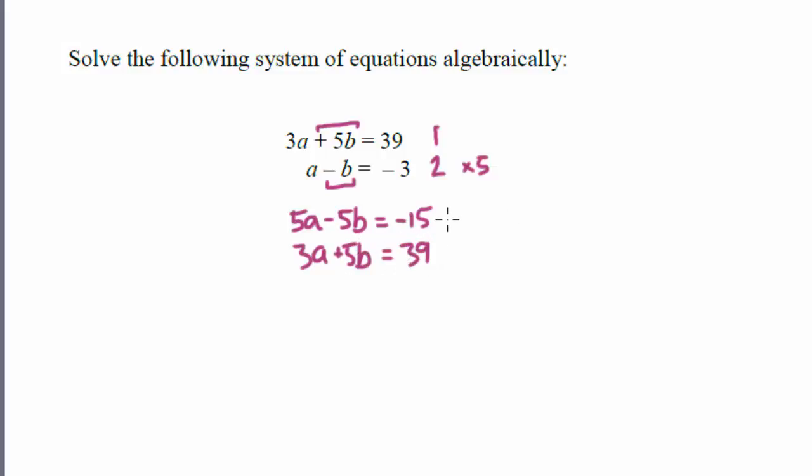So this is equation 2, this is equation 1. What we can then do is add equation 2 together with equation 1, and the 5b terms will cancel out.